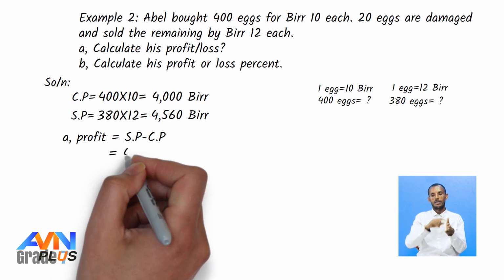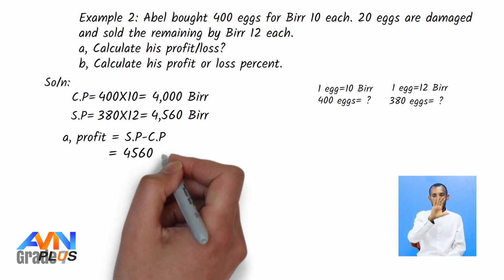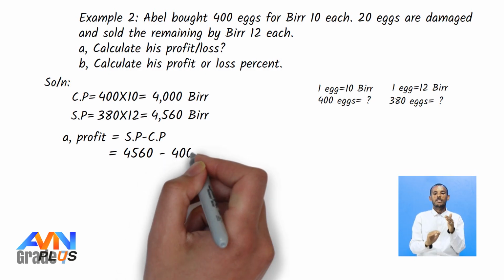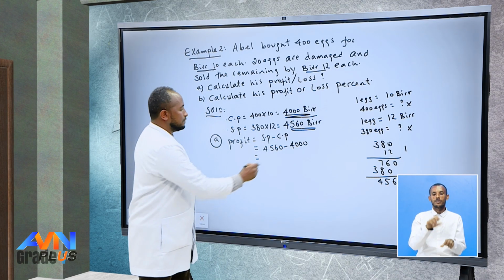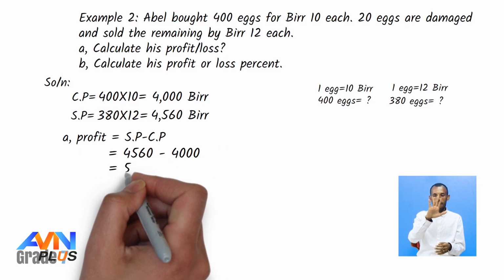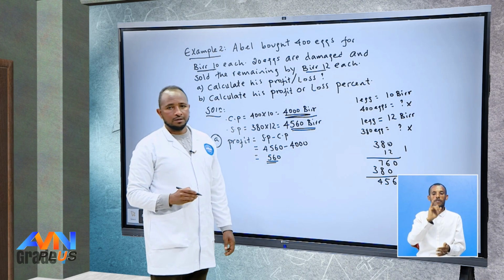Therefore, the selling price is 4,560 minus cost price 4,000. Okay, so what's the difference? It is simply 560. Therefore, his profit is 560 birr.